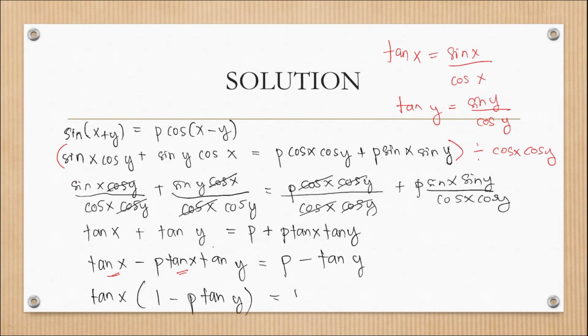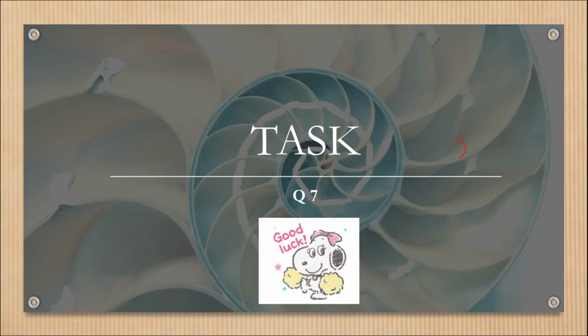Then in bracket, we have 1 minus p tangent y equals p minus tangent y. And finally, tangent x equals p minus tangent y per 1 minus p tangent y. So your task is to do question 7.